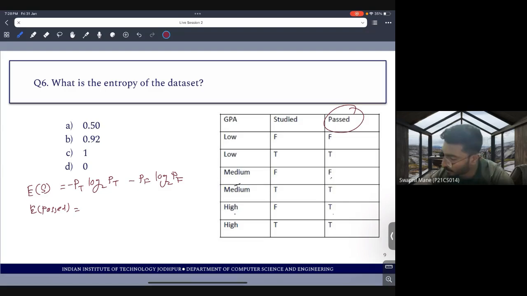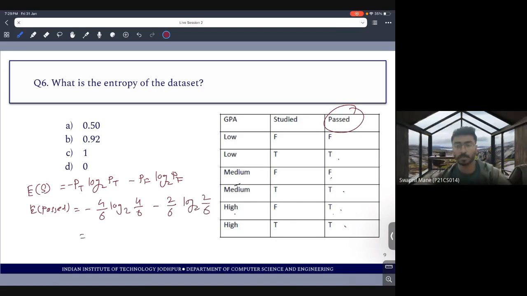The probability of true, it is 1, 2, 3, 4, right? 4 divided by 6, log to the base 2 of 4 divided by 6, minus 2 divided by 6 log to the base 2 of 2 divided by 6. So what is the answer for this equation? Yes, anyone?